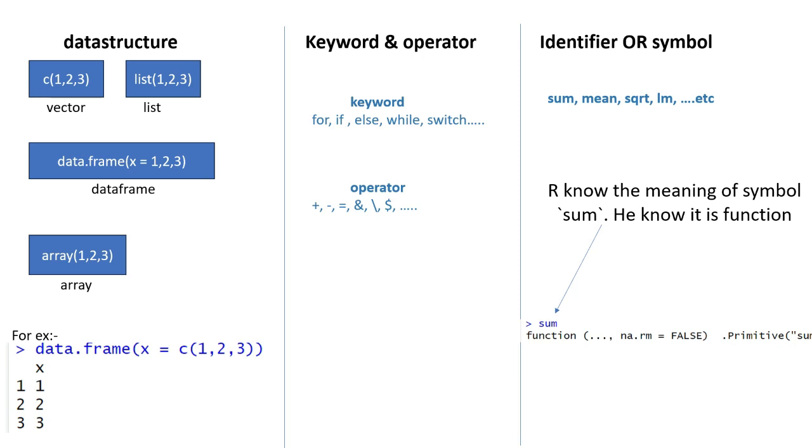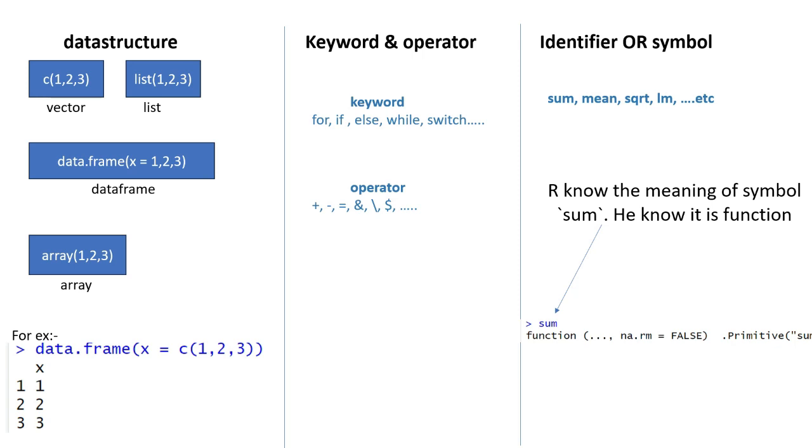Similarly, keywords and operators like for, if, else, while, switch, and many other keywords are available. It also knows the meaning of for, if, else. You don't need to tell it. Similarly, for operators, it already knows the meaning of plus, minus, equal to.